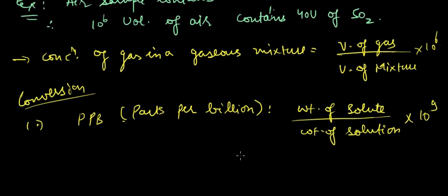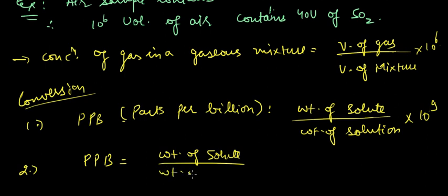Okay, so next we can also say that parts per billion is equal to weight of solute upon weight of solution into 10 raised to the power 2 into 10 raised to the power 7.